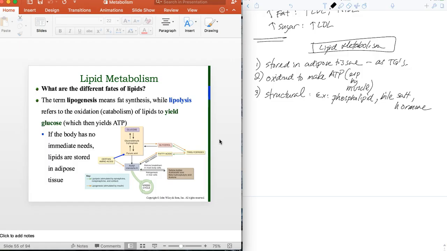The storage tends to happen when you're in a fed state, right? Whenever you have excess of something, you tend to store it. And when do you have an excess? Usually when you're feeding, right? So this is especially when fed. And when you think about it, what hormone is dominating in that fed state? Insulin.